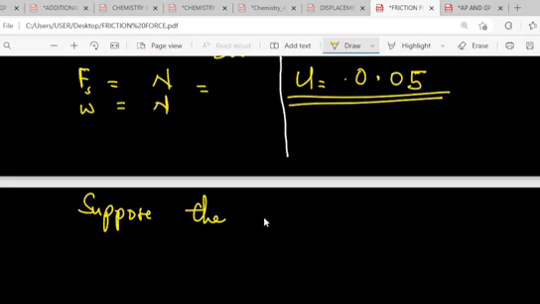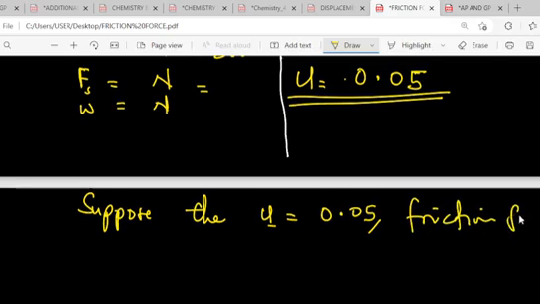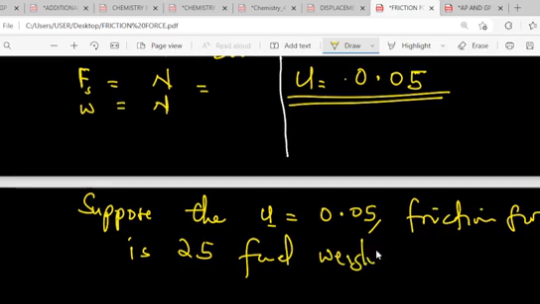What if they say suppose the coefficient of friction is 0.05, and the friction force is 25. Find the weight of the object in kilogram.